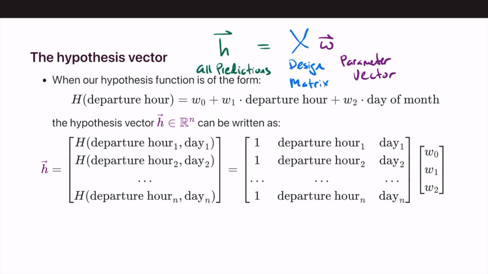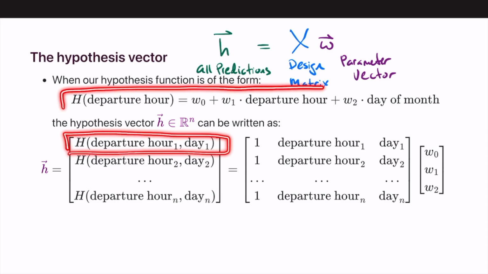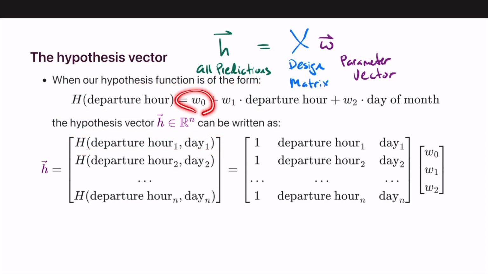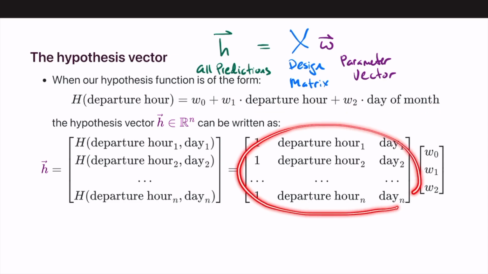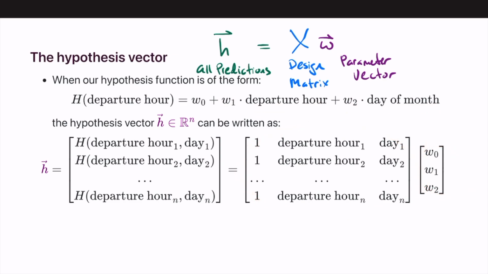So every single one of these rows here in our hypothesis vector includes all this information needed to make a prediction. That includes our y-intercept, or what's commonly known as a bias. We'll see that term a lot more. And it also includes the individual weights needed to multiply the individual or independent features that we have. And we're going to have as many weights as we have features. So the hypothesis vector really encapsulates the design matrix multiplied by our parameter vector.